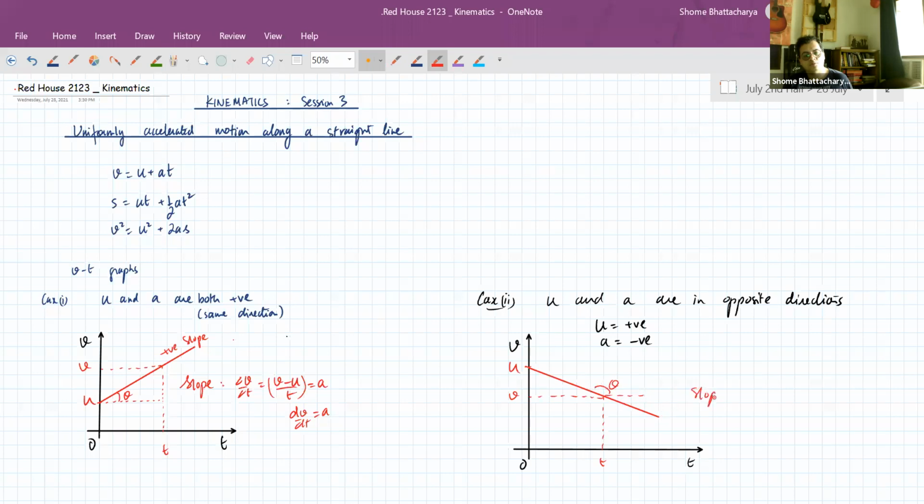This slope, or tan theta, will be a negative quantity, whereas here it was positive. Okay, so make a quick note of this, then we'll discuss more.